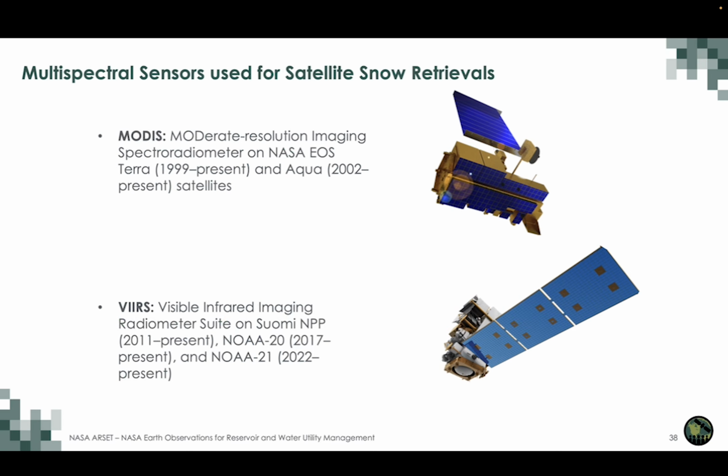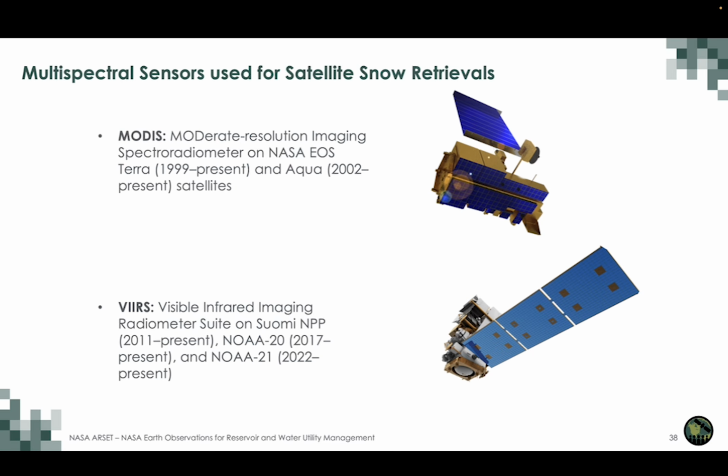To actually capture the unique spectral signature of snow we just discussed, we rely on a specific set of advanced multispectral sensors. The foundational workhorse for this has been MODIS, or the Moderate Resolution Imaging Spectroradiometer. It flies on both NASA's Terra and Aqua satellites, which have been providing continuous daily snow-cover data since 1999 and 2002, respectively.